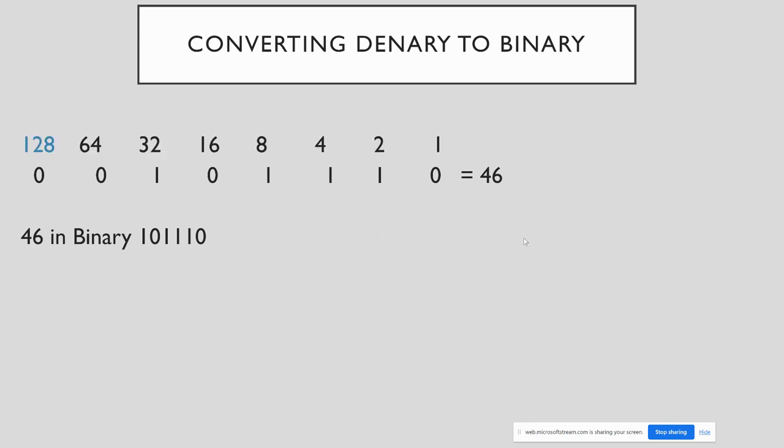So the first thing you do is list your numbers here, the base 2. 1 multiplied by 2 is 2, 2 by 2 is 4, 4 by 2 is 8, 8 by 2 is 16, and so on. Now, you don't have to put the whole list. You stop where you think the last one is the end.